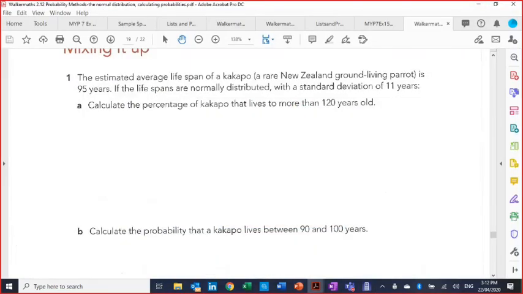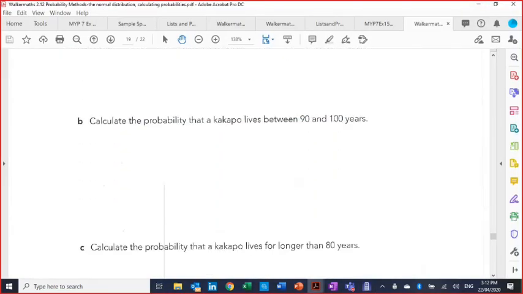Okay. So look at this one. Calculate the probability that it lives between 90 and 100 years. So if it's between 90 and 100 years, then 90 is your lower limit and 100 is your upper limit. The standard deviation and the rest of it stay the same.